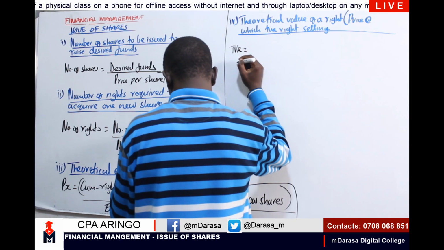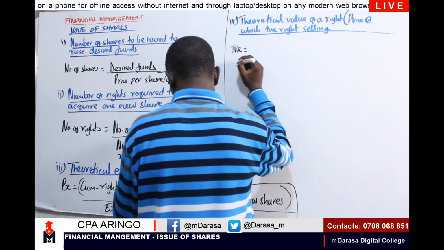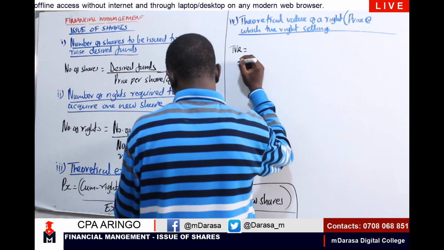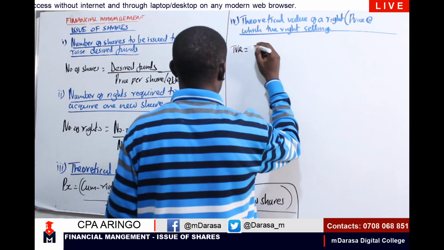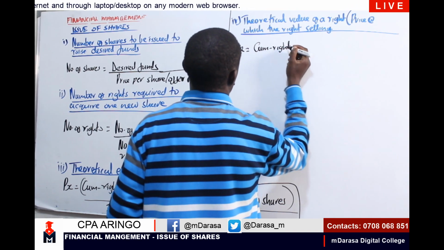Basically, we are going to take the cum right price, and we less the ex right price.